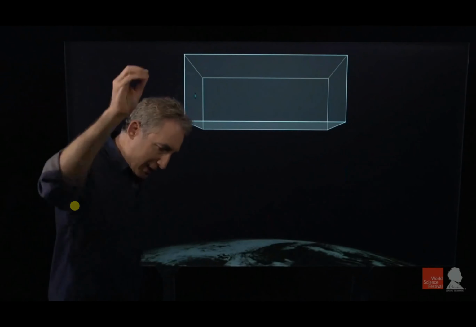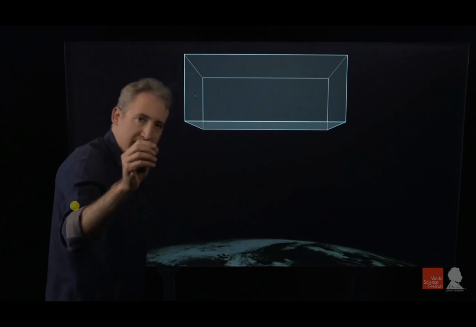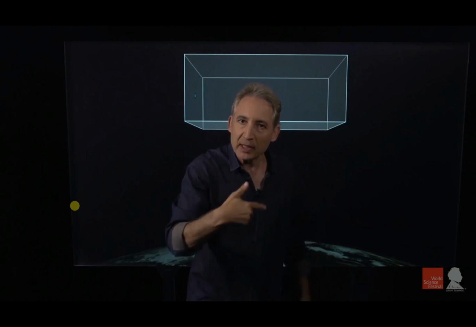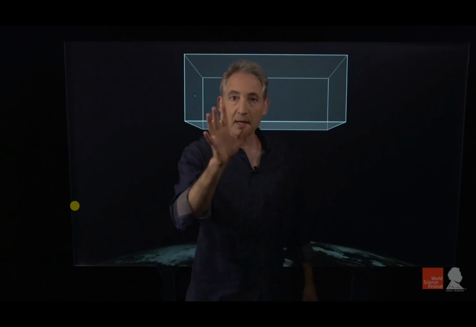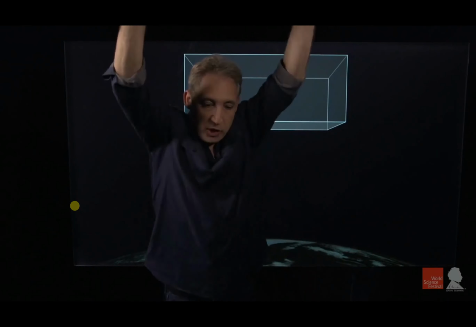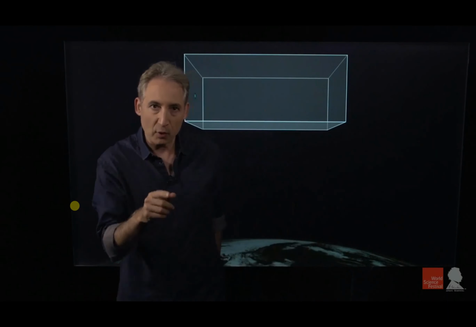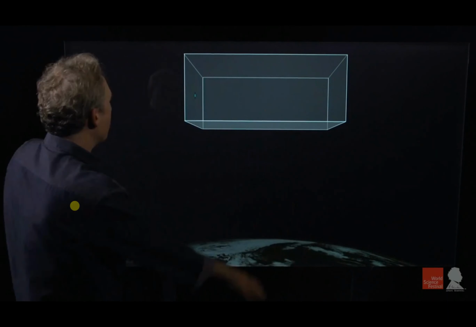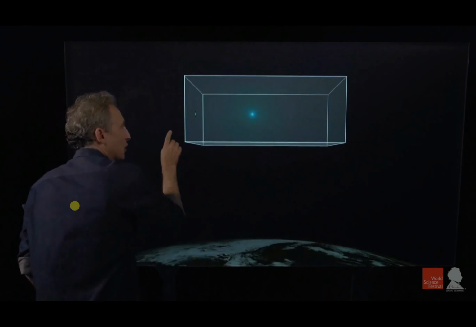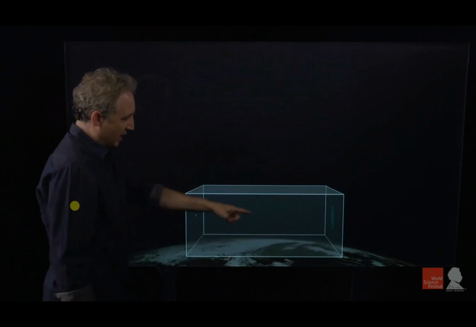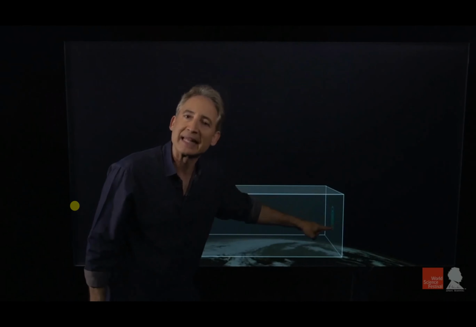And the answer, according to Einstein's happiest thought, is that your experience will be just like what you experience freely floating in outer space, because his happiest thought is that when you're freely falling, that cancels out the force of gravity from your perspective. So let's do that. The box is now in free fall motion. You turn on the laser, and from your perspective, the light goes straight across the box and hits at exactly the same point that it did when you were floating in outer space. You okay with that thought?